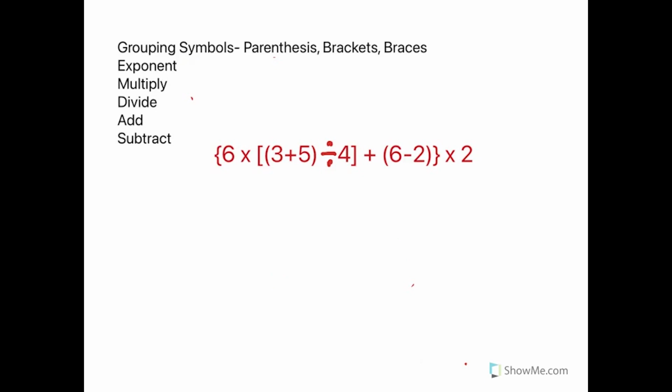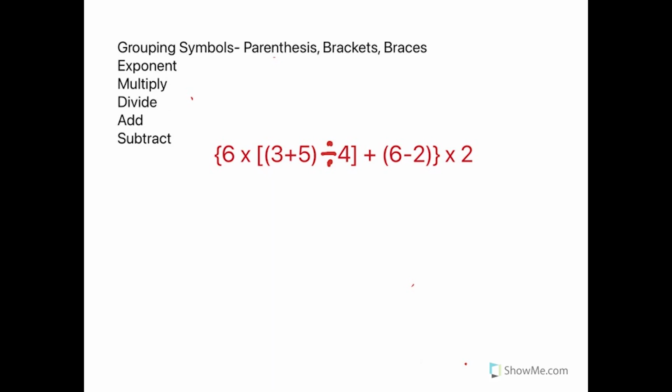All right. So now we're looking at this problem. We're like, what in the world, Mrs. Sturzer? There is so much here. Not to worry, because that's why we have the order of operations. By doing the order of operations, then we can figure out how to solve the problem just by going step by step.